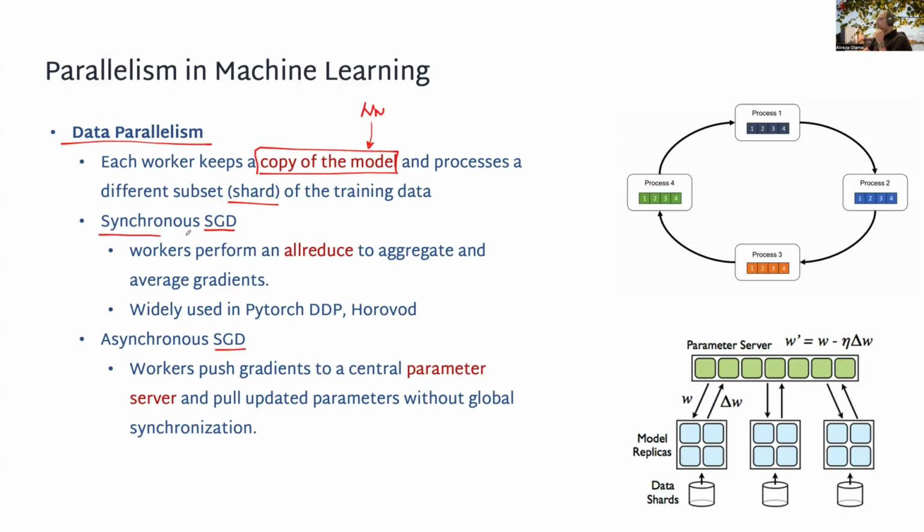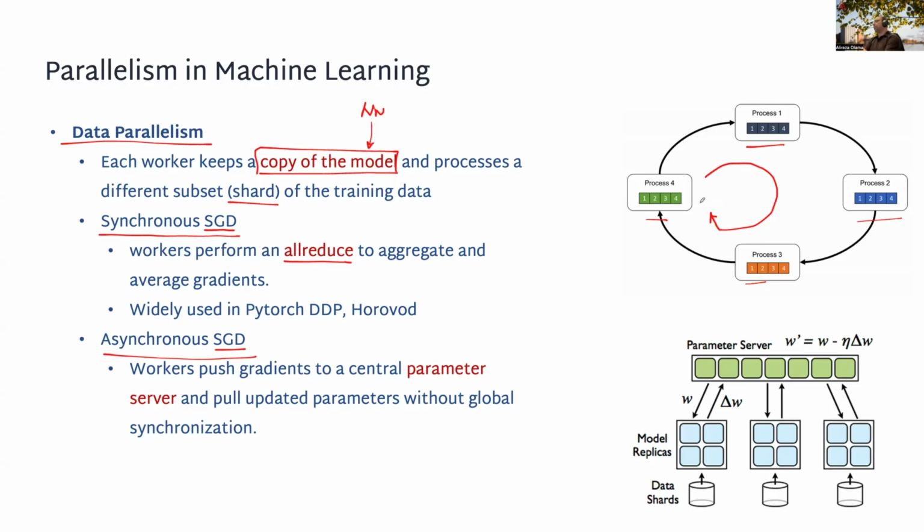So you typically have two strategies for this distributed data parallel machine learning. The first one is synchronous stochastic gradient descent, where, as I mentioned, you have different copies of the model on different processes, as you can see here, right? But the processes perform some sort of all-reduce operation. In particular, here, it is a ring all-reduce.